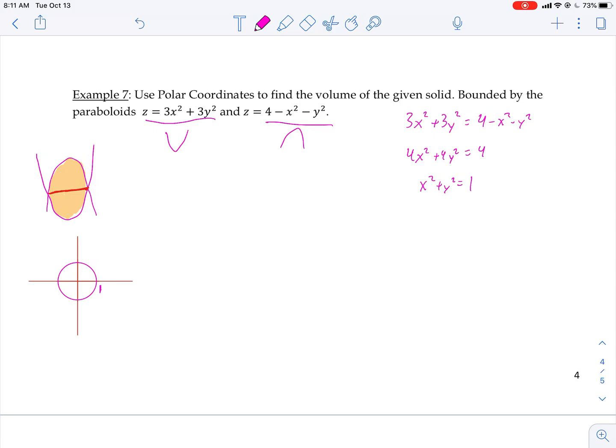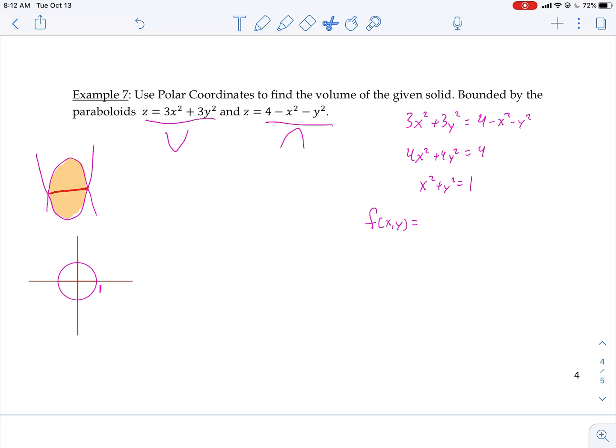Now, what I have to determine is, how do I write my z? My f of x y is going to be basically this shape. I've got to figure out how I can describe that surface. Well, it's not going to be too hard.